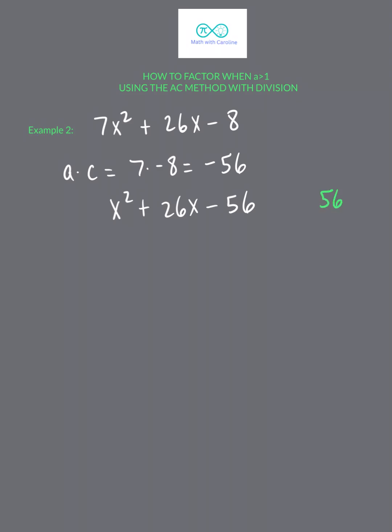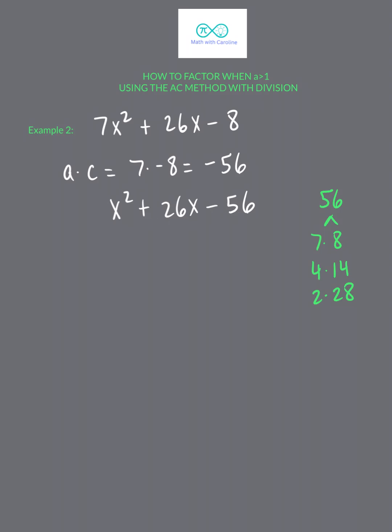So you know that 56 is 7 times 8, but that's not going to get you 26. 56 is also 4 times 14, but that's also not going to give us 26. It's also 2 times 28, and that will give us 26, since one of those has to be negative, since the 56 is negative.